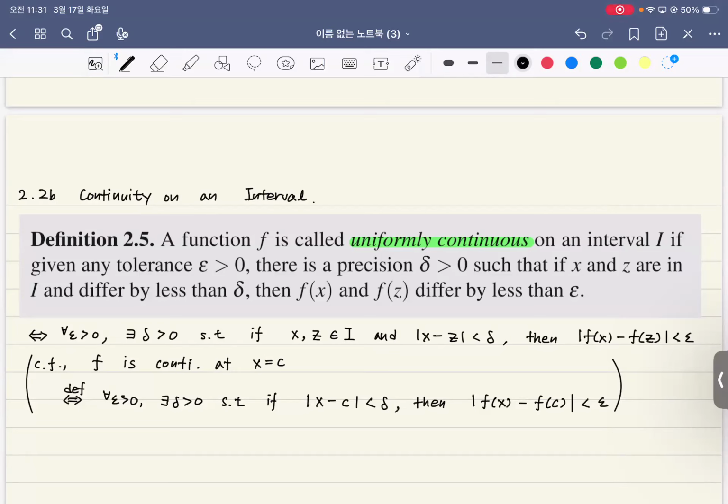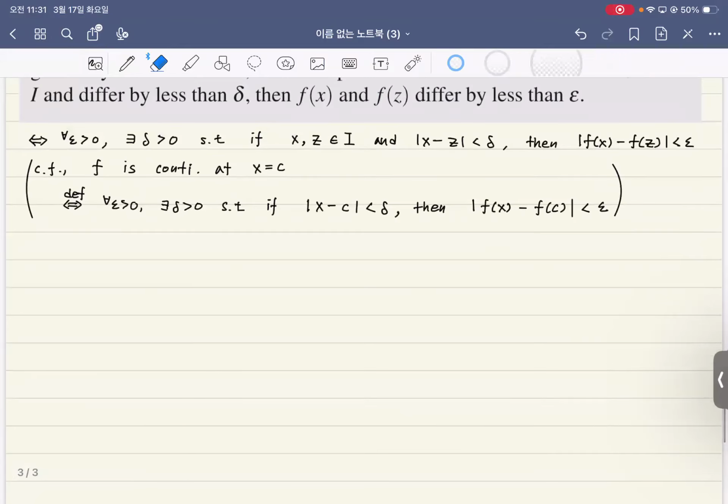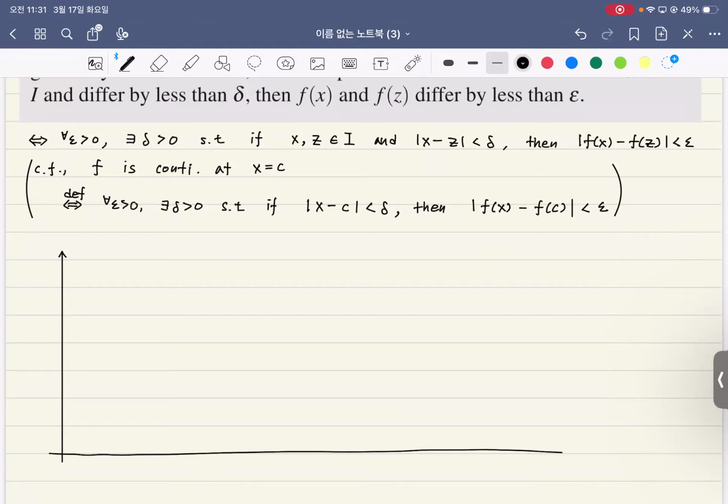Okay, for those of you who do not understand, well, most of you, I will provide you an example.